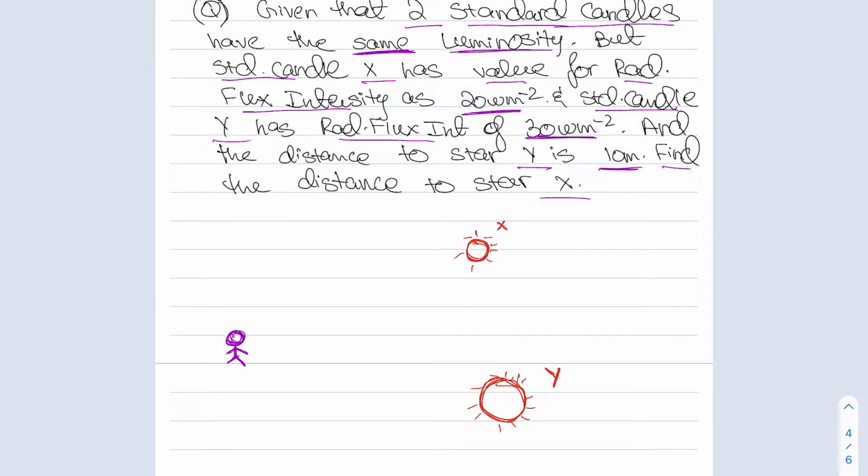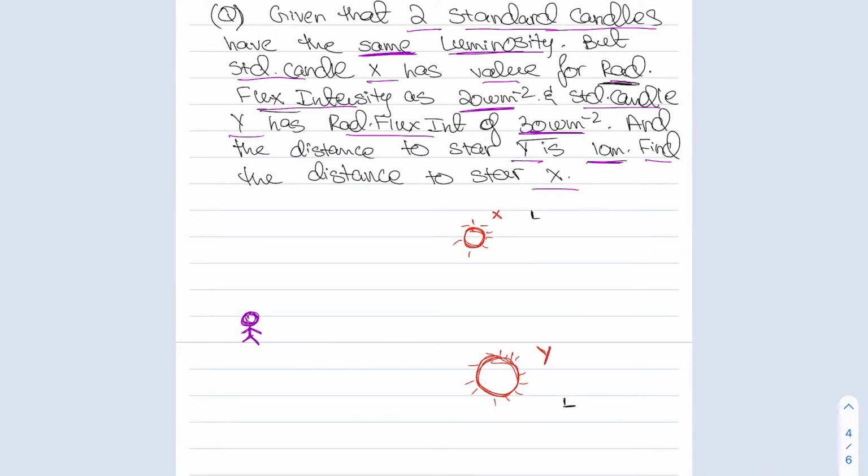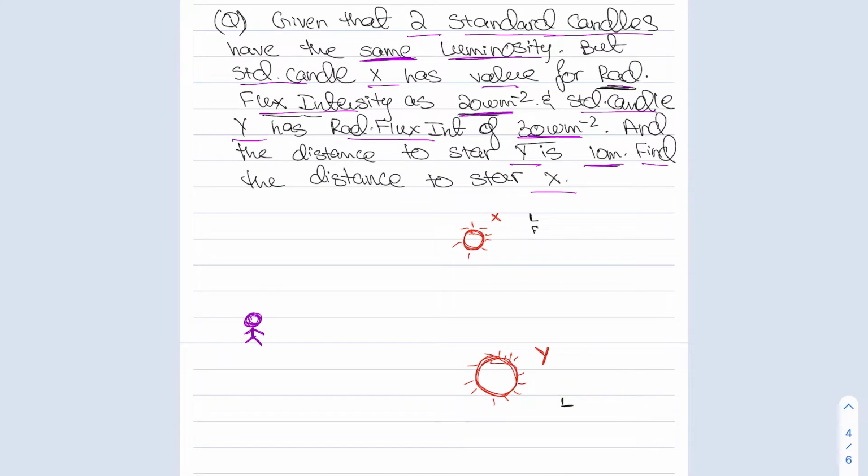So they both have luminosity L, and then the question says the standard candle X has value for radiant flux intensity as 20. So we'll write down F is equal to 20, and standard candle Y has radiant flux intensity of 30, right?